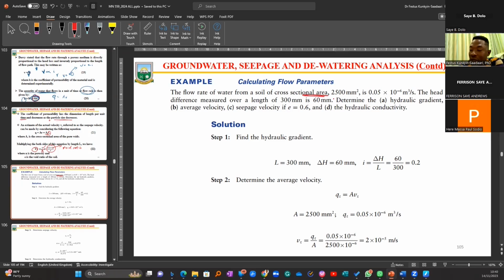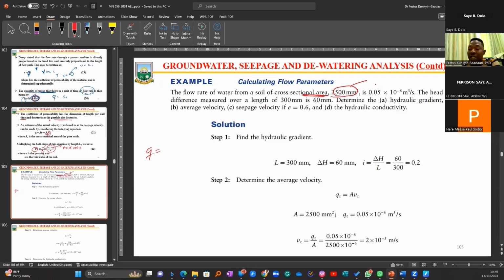So now the area of whatever soil sample is determined as 2,500 millimeters square. And then the flow rate, which is the Q, is given to us as 0.05 times 10 to the power 6 per second.